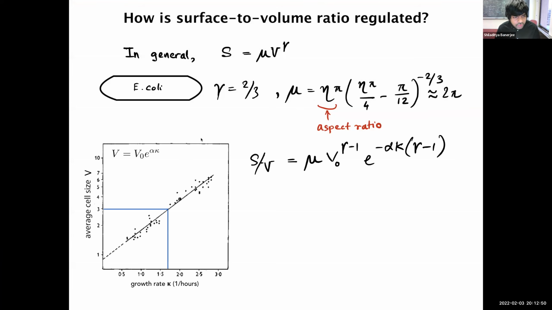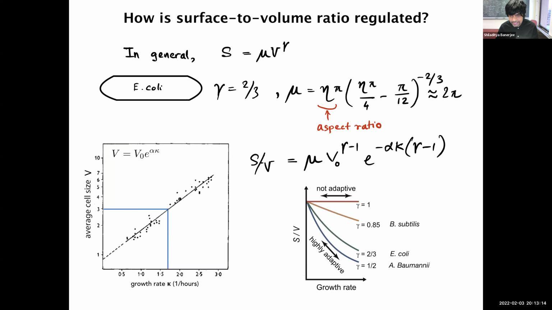Previously we showed that the cell size increases with growth rate, and we explained that exponential relationship. If you combine these two relationships, you get something very interesting. The surface to volume ratio, which is maybe a fitness factor of this organism, decreases with growth rate, okay?